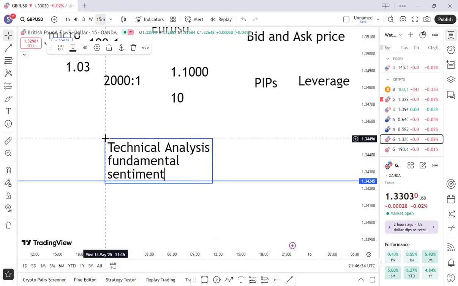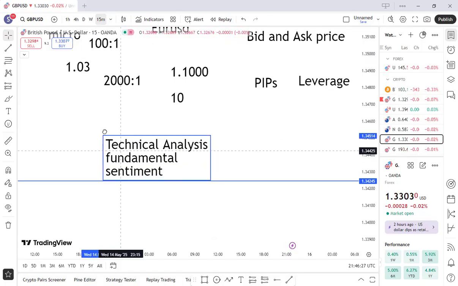These are the three types of analysis that we have in forex trading.